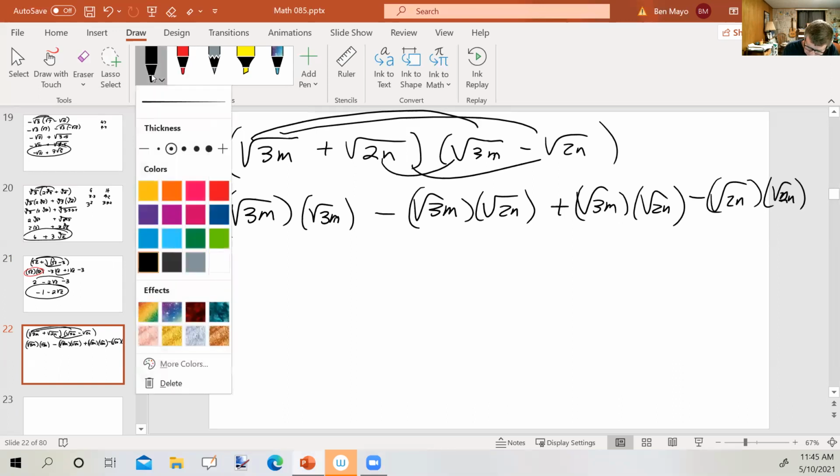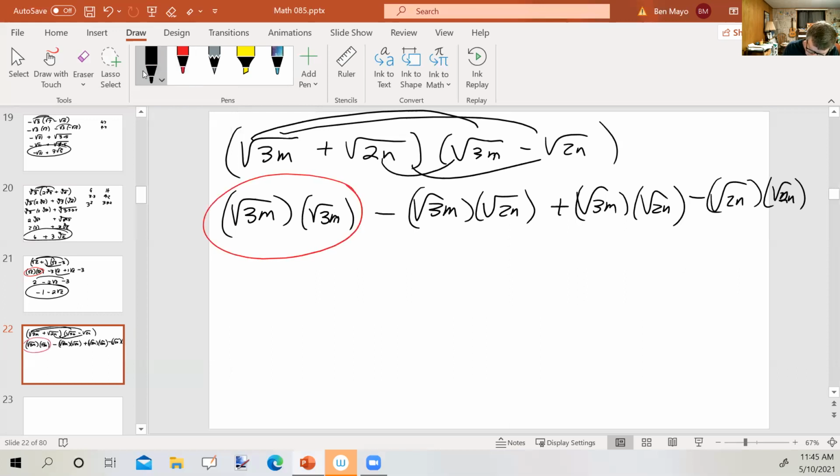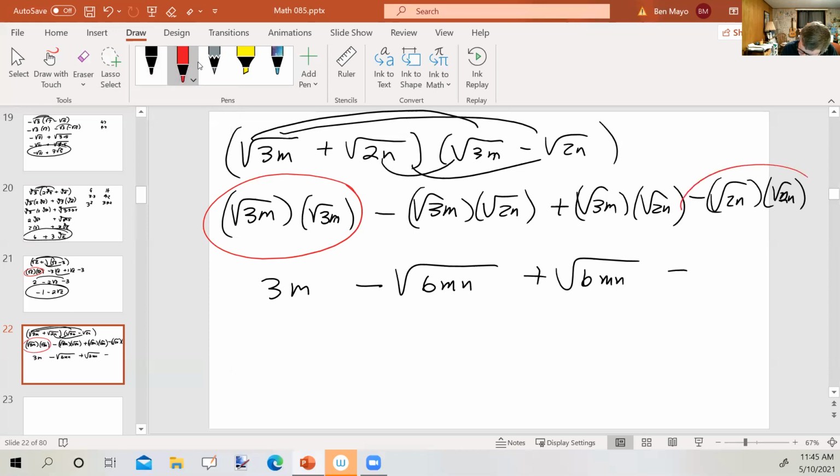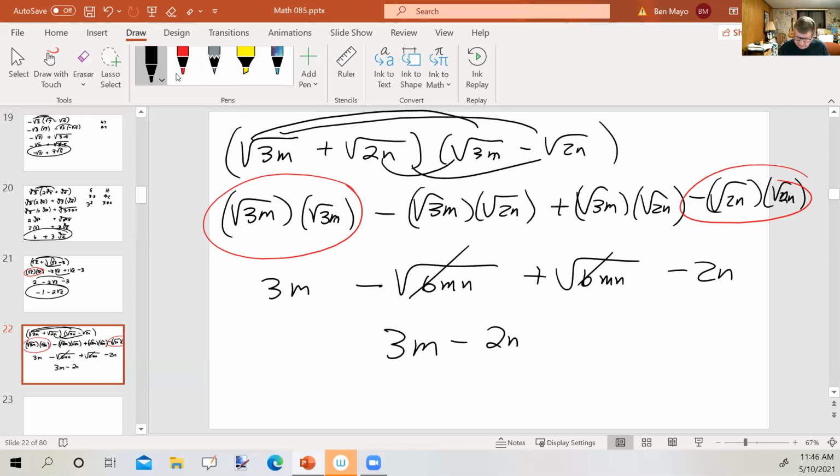Well, this is going to give us 3m minus the square root of 6mn plus the square root of 6mn minus 2n. The middle terms cancel out. 3m minus 2n is our final answer. So this is the difference of two squares, but this is the square root of 3m squared, and this is the square root of 2n squared. So it doesn't quite look the same as we're used to from the past.